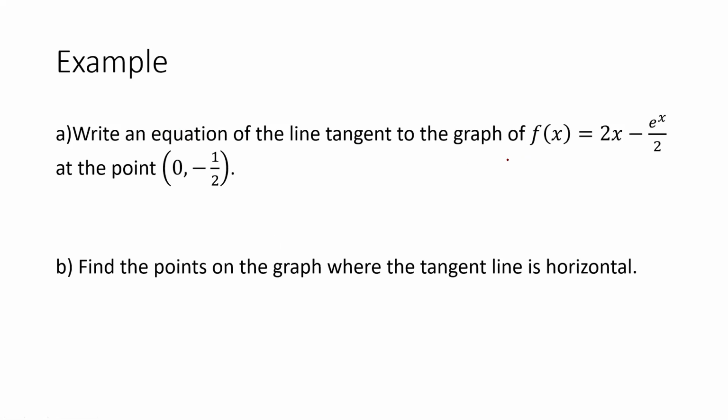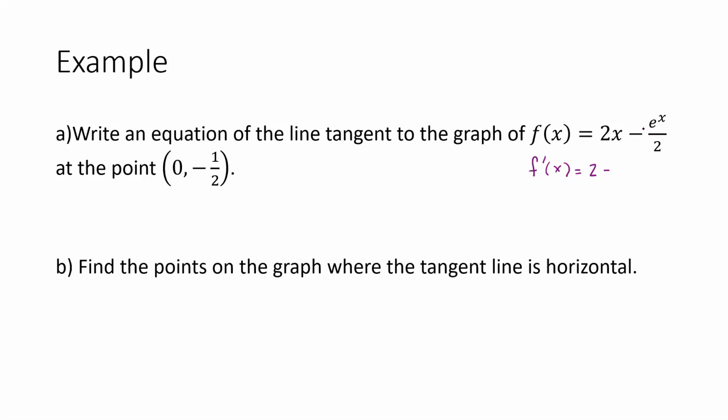So we're going to find the equation of the tangent, which means we want to find the slope of the tangent using f prime. Okay, so the derivative of 2x minus e to the x over 2. Well, derivative of 2x is 2 minus the derivative of e to the x is e to the x.